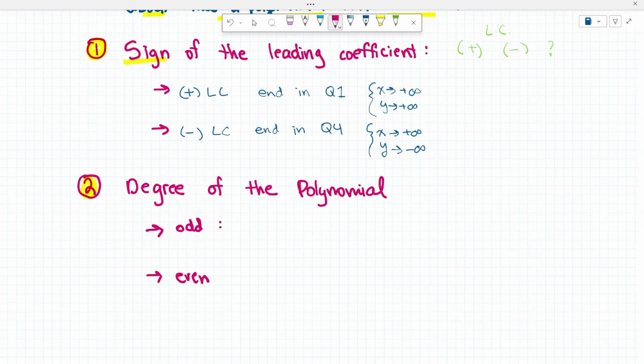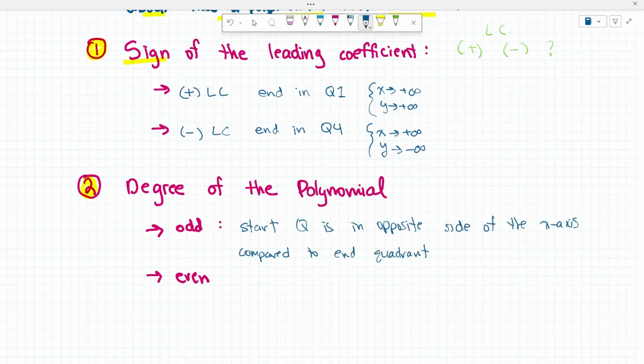So if we have an odd polynomial, then the starting quadrant is on the opposite side of the ending quadrant. Okay, so if you think about our typical y equals x to the power of 3, we see that this is odd because it has an odd degree, and we can see that it starts over here in Q3 and it ends in Q1.